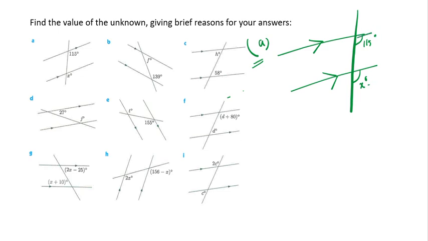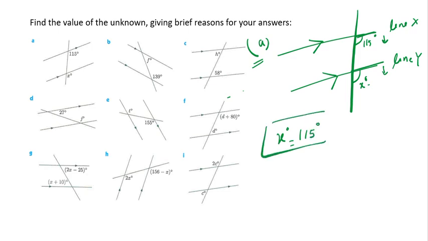So these two angles are lying on the same side of the lines, line X and line Y. These are on the lower side of line X and this is the lower side of line X. So these are corresponding angles, and we know that these lines are parallel, so corresponding angles are equal in the case of parallel lines. So the value of the variable in this case will be 115 degrees. Okay, got it.